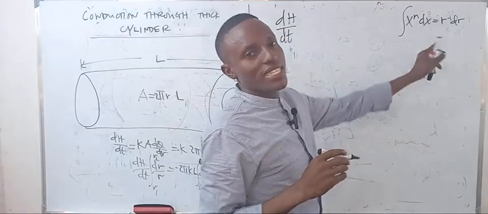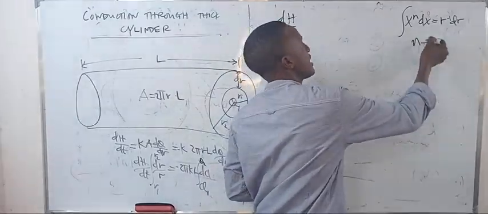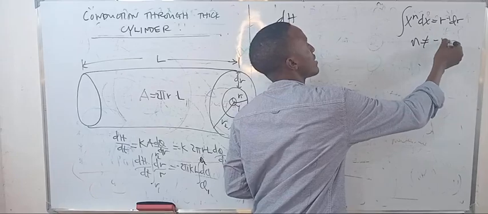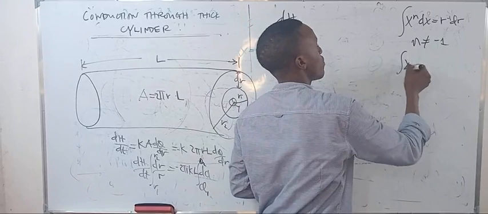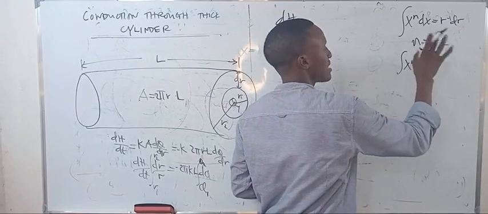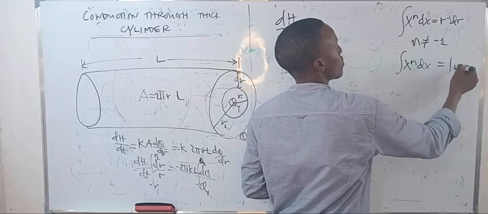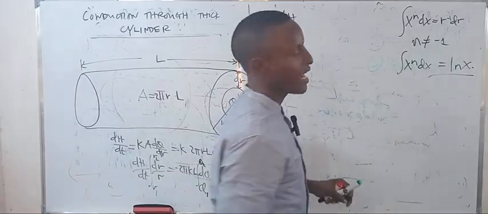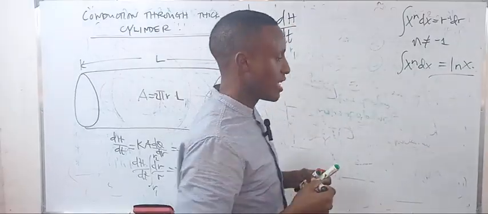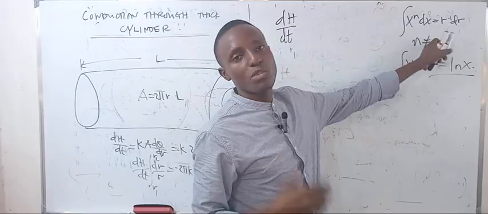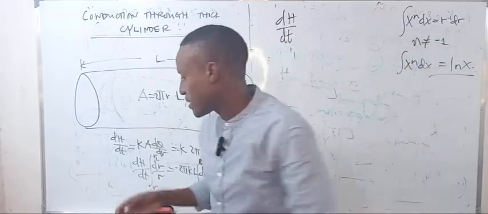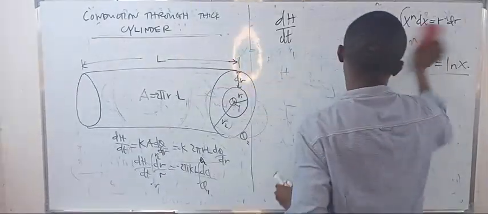This only works if n is not equal to negative 1. If n is negative 1, the integral of x^-1 dx is just ln of x, the natural logarithm of x. This doesn't work for negative 1 because the result would be 0 over 0, undefined. Okay, let's go on.